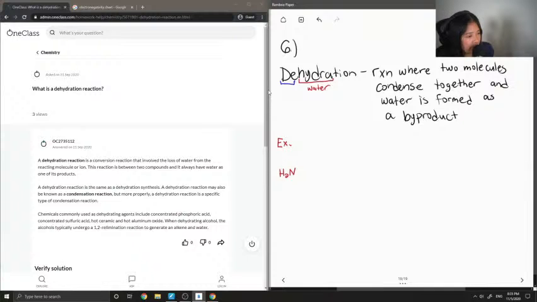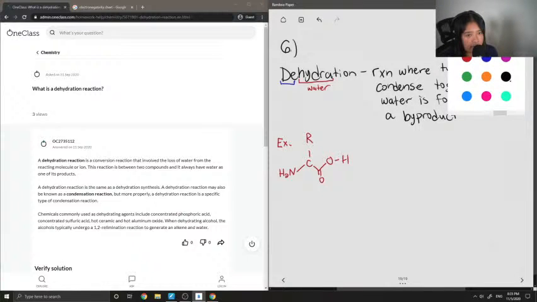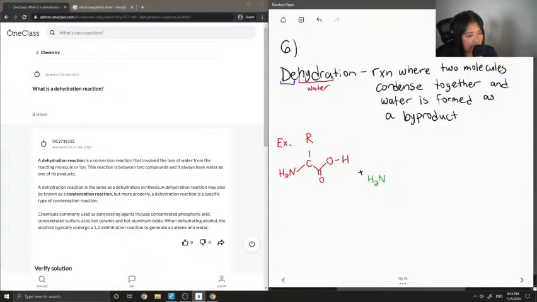So all amino acids contain an amine group attached to a carbon that has a side group that makes it unique. And then it also has a carboxylic acid functionality as well. So this is an example of one amino acid. And then on the right, I'm going to draw a second one. Let me draw it like this.